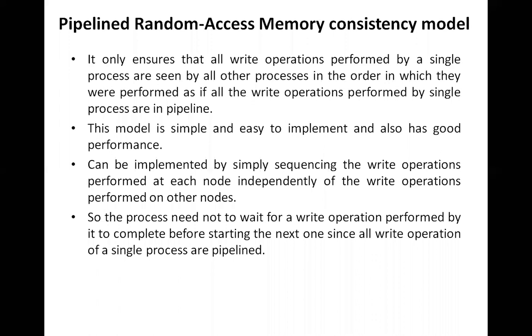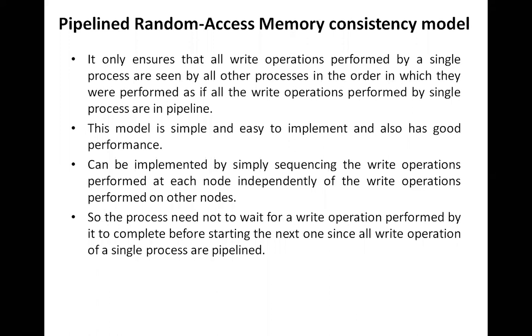And this gives better performance than the previous models we have discussed, because a process need not wait for a write operation to complete before starting the next, because everything is in a pipeline. It will first write W1, then W2, then W3 and so on. It does not have to wait for the first write operation to complete before going to the second write operation.